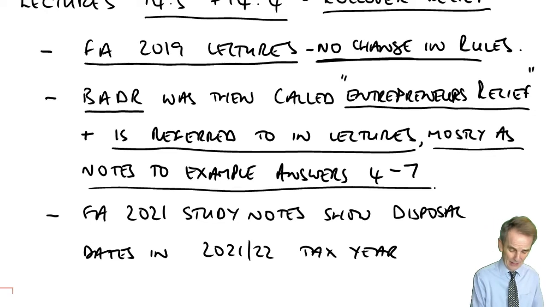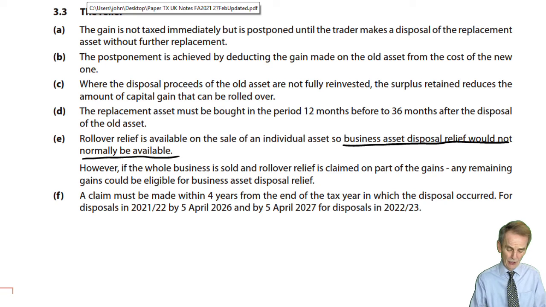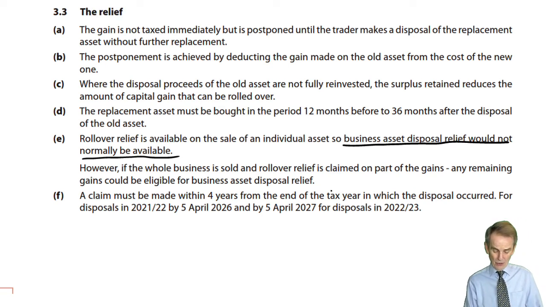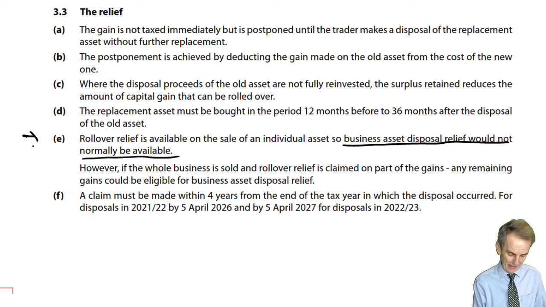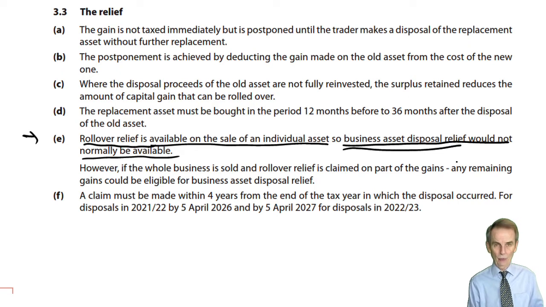That's all. So actually in your study notes on rollover relief, here in section 3.3, that deals with the relief itself, this note E says rollover relief, whatever that is and however it works, is available on the sale of an individual asset. So business asset disposal relief, which in the lecture will be called entrepreneurs' relief, would not normally be available.